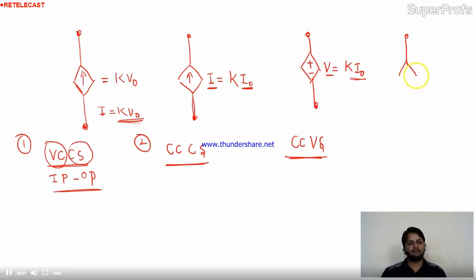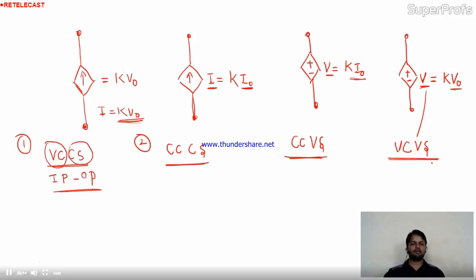And the fourth and last one is again a voltage source, and the value is kV0. So this is a voltage source, and the value of the voltage is dependent on voltage. So this is controlled by voltage. This is the voltage control voltage source.